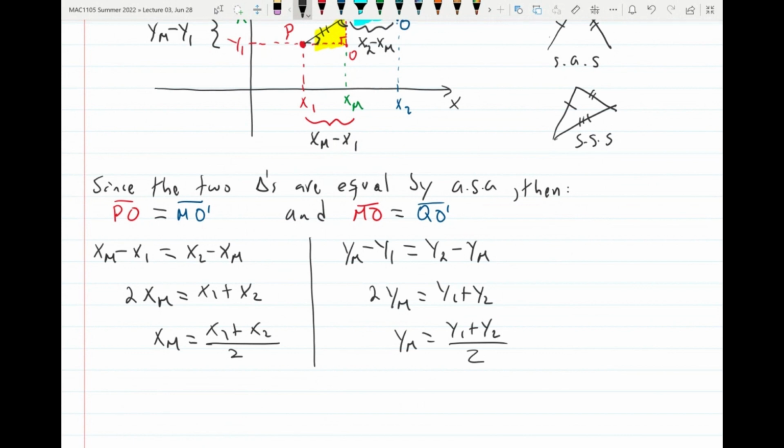Okay, so moral of the story, if you're given 2 points, now it's pretty straightforward to figure out the coordinates of the midpoint of the line segment defined by the 2. The x value is given by the average of the x's, the y value is given by the average of the y's.